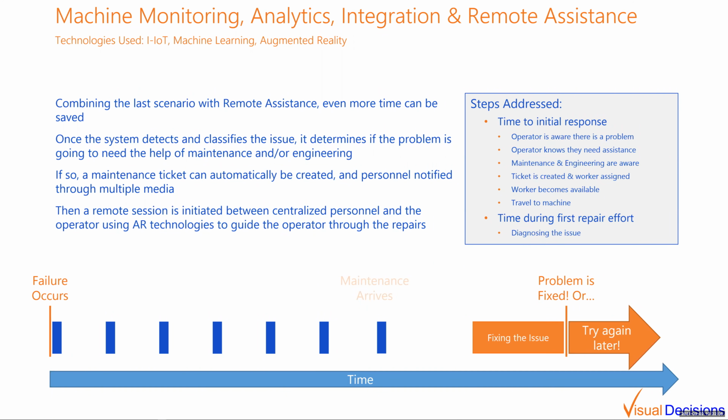These capabilities are tremendously powerful to not only help the operator do that initial response potentially, but also for the maintenance person to get that fixed right on the first try.